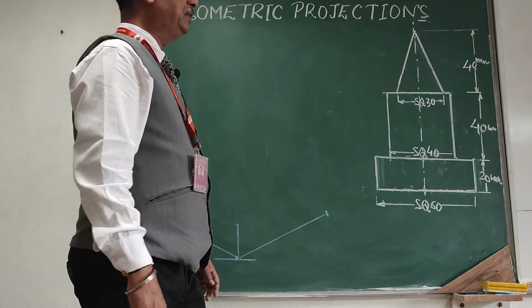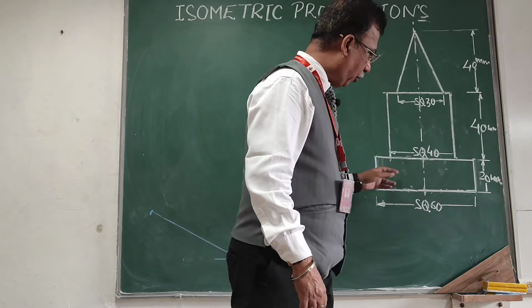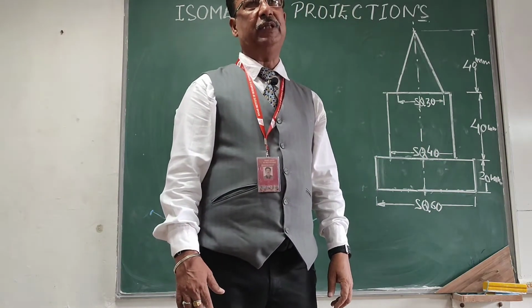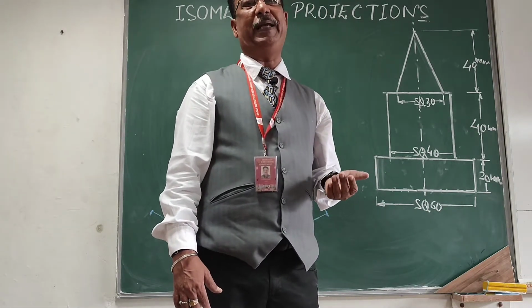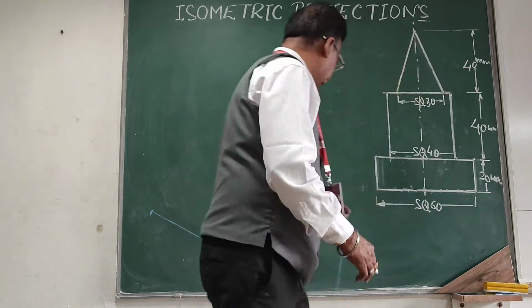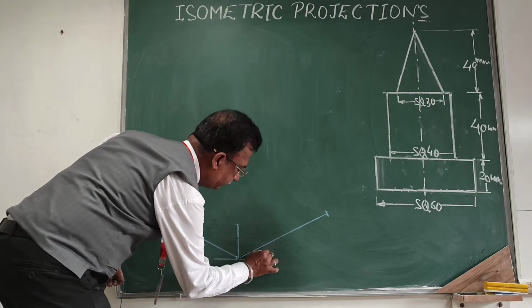So, again I will start. If I look from the top, then this block will look like a square of 60 mm side. A square of 60 mm side means both the sides will be placed on the 30-30 axis. So, again I will start from the bottom and I will use these two 30-degree angle lines.